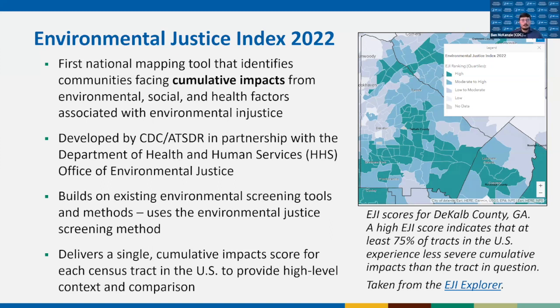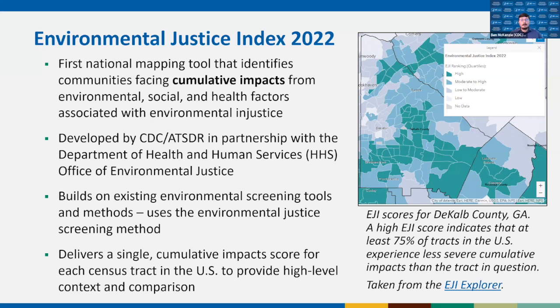We know that individual factors, like conditions in our neighborhood and our built environment, don't act on our health in isolation. Environmental factors like pollution and built environment can interact with each other, along with social factors like racism, poverty, and education, and health vulnerabilities from pre-existing chronic diseases to compound effects and impact a community's health and well-being, which is why it can be so important and so powerful to measure these factors together in a way that accounts for these compounding effects.